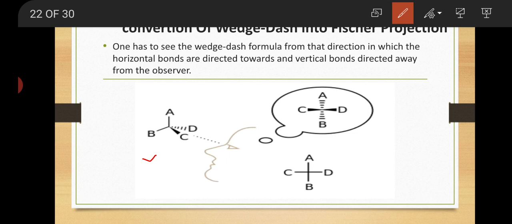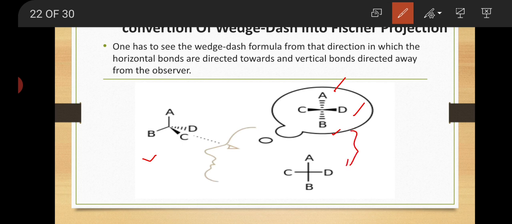We have to see in such a way. By seeing, he is watching the molecule such that A and B are vertical bonds and C and D horizontal bonds, with C on the left side of the observer and D on the right side, and A is the top vertical bond and B is the bottom vertical bond.